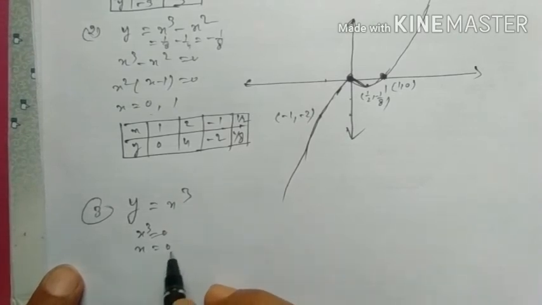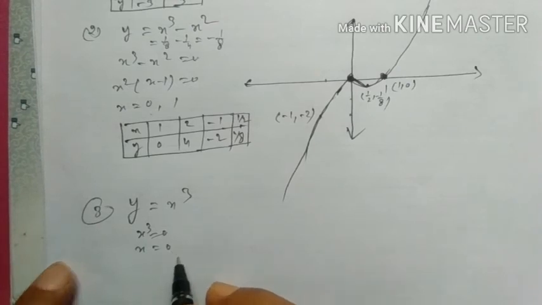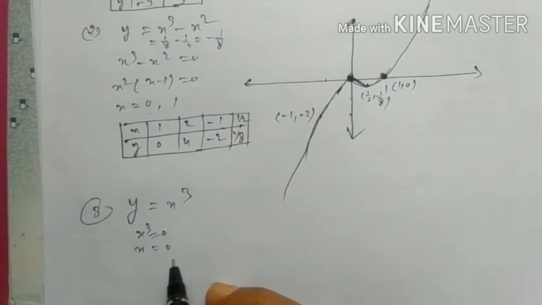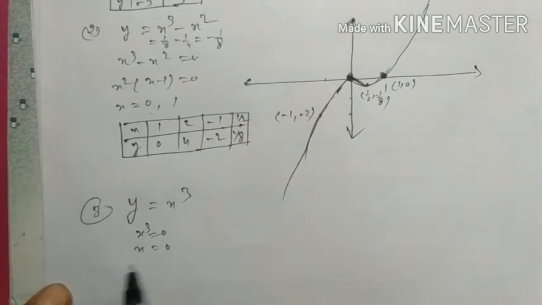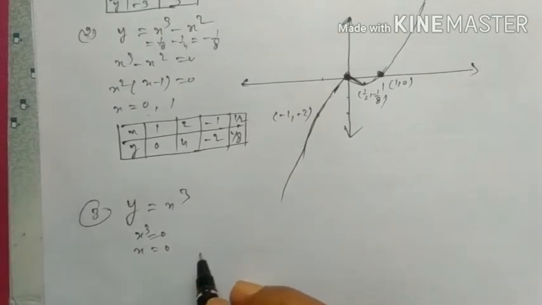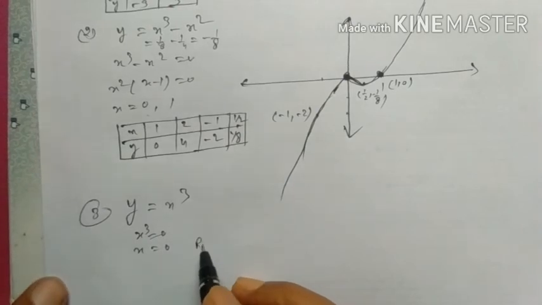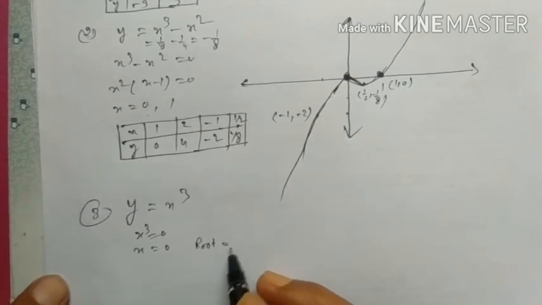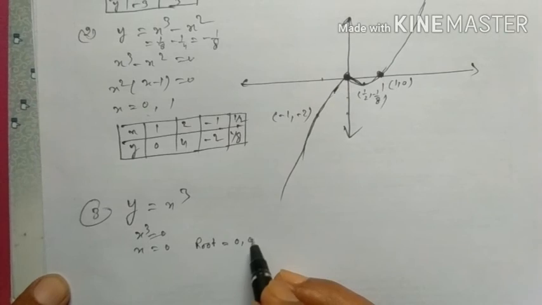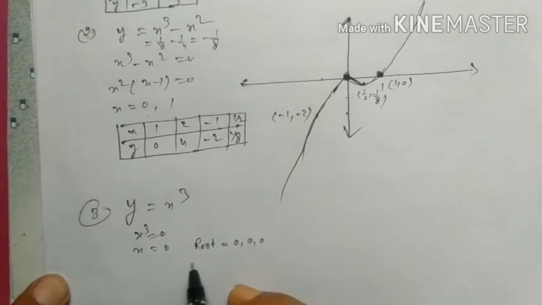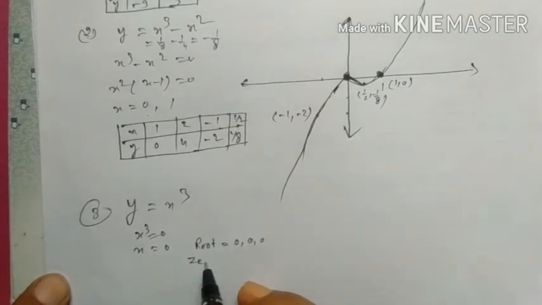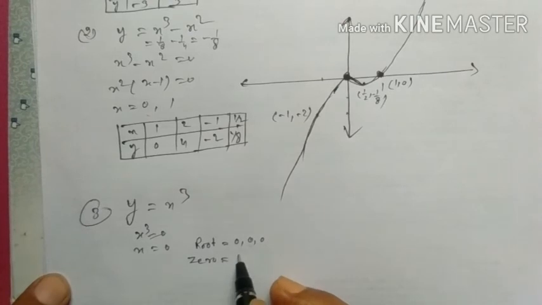So you can say that the number of roots in this case is 3, 0, 0 and 0, but there is only 1 zero.